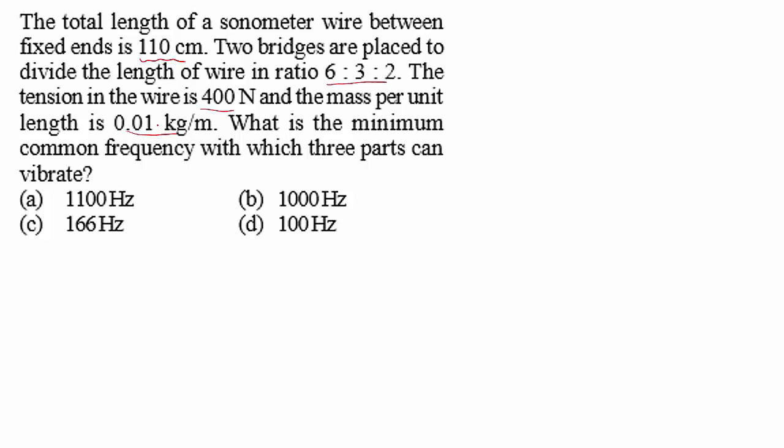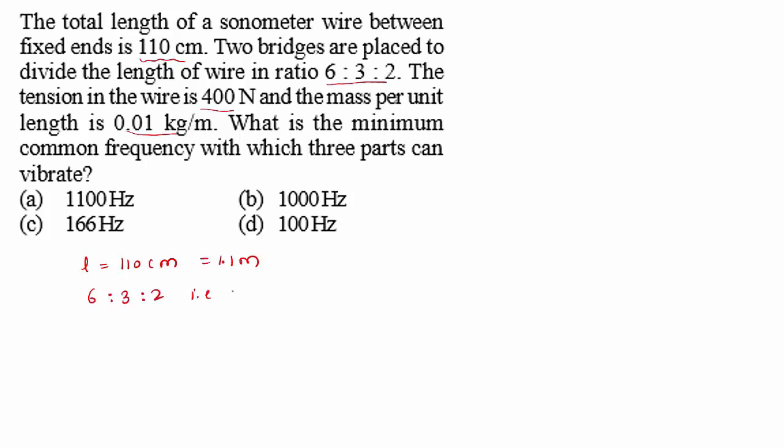See here, you already studied the frequency of AC using a sonometer in your class 12 practicals. Here, the total length of the sonometer wire is given, that is 110 centimeter, or we can write 1.1 meter. Then the lengths of the wires are in the ratio 6:3:2.